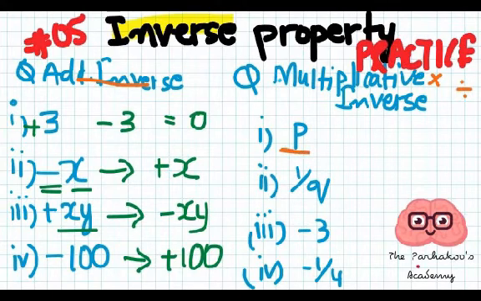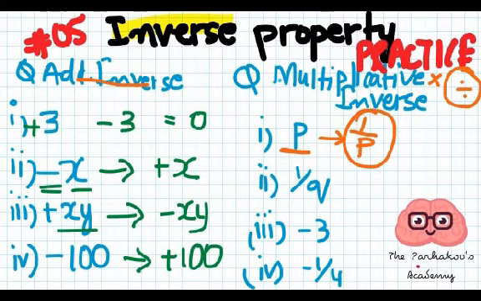So the multiplicative inverse of p would be 1 upon p. It is the opposite of p when it comes to multiplication, because multiplication's opposite is division, so we have to give it that form. So when you process them together, p and p nullify, so 1 is remaining. So this is the multiplicative inverse. Next, 1 upon q.